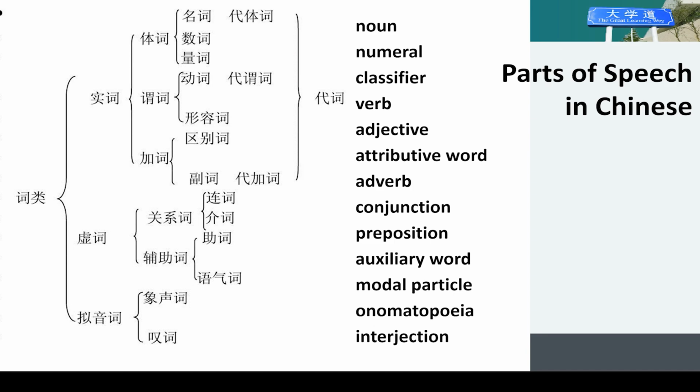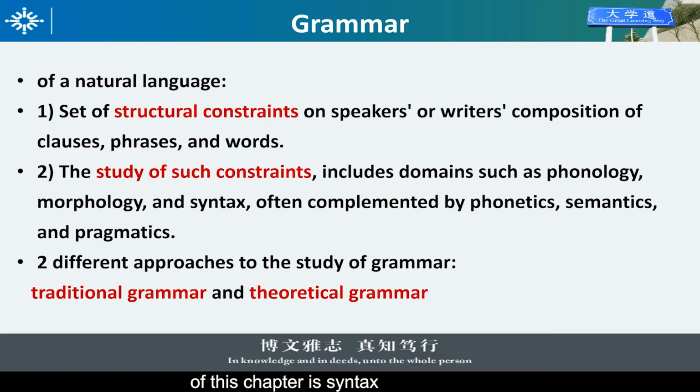Okay, what is grammar? Remember, the topic of this chapter is syntax. What's the relationship between grammar and syntax? So grammar can be understood in different aspects, in different fields actually. Grammar can be related to a natural language.